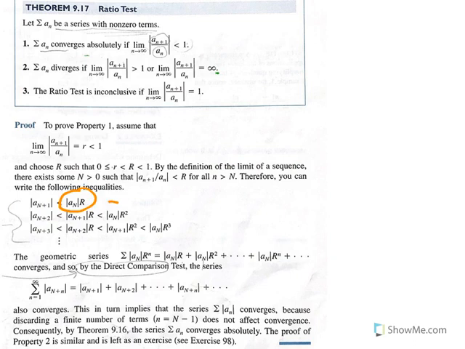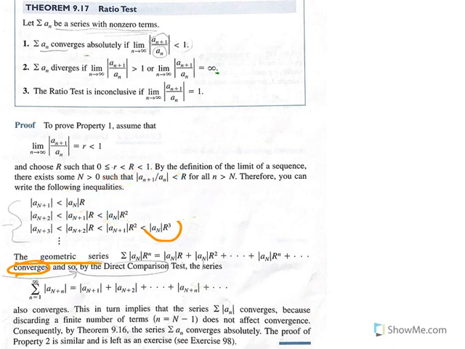So now we focus on the parts that I am circling in gold. If you look at these, they form the terms of a geometric series whose common ratio is uppercase R. And that's what we write here. The geometric series that you see with the last terms in each of these inequalities, how do we know that it converges?